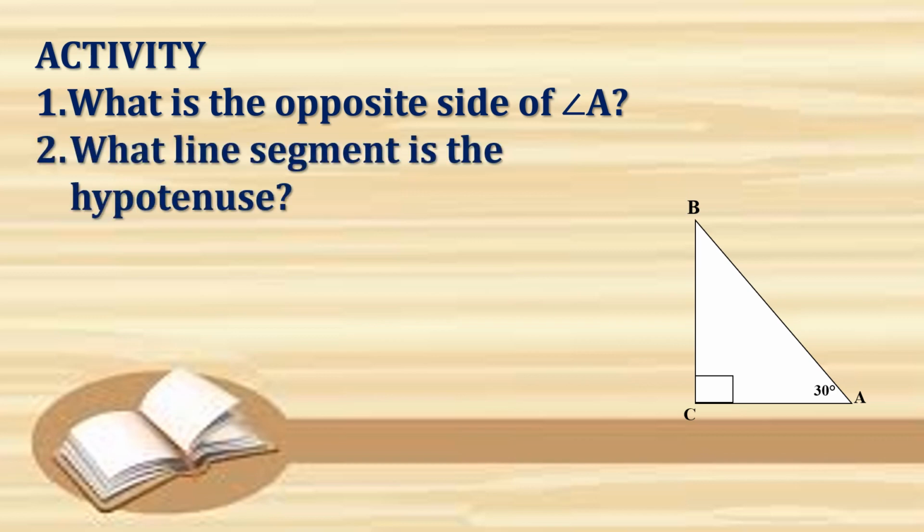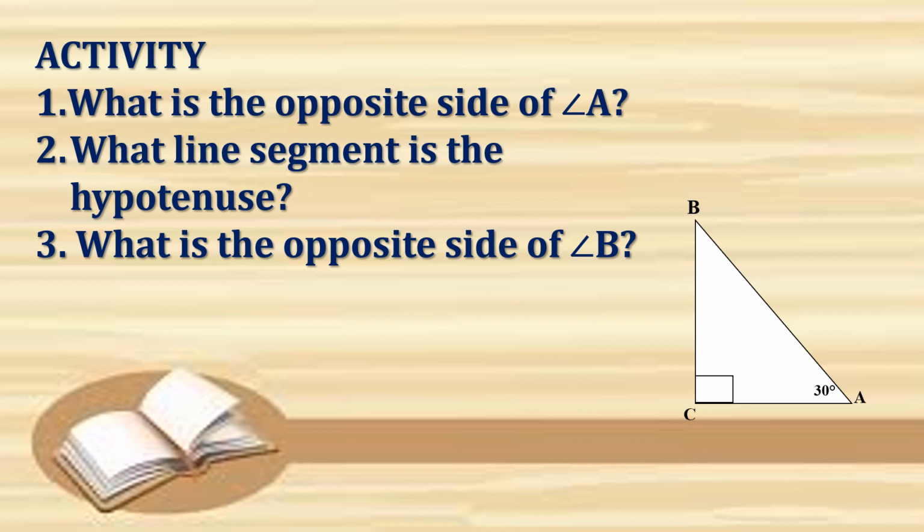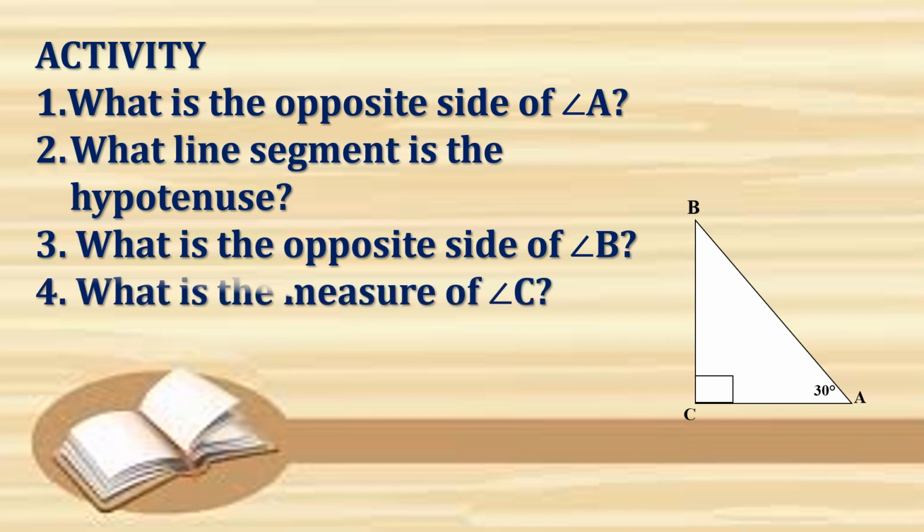How about what line segment is our hypotenuse? You're correct. Side AB is our hypotenuse. But how about the opposite side of angle B? Great! Side AC is the opposite side of angle B. What is the measure of angle C?